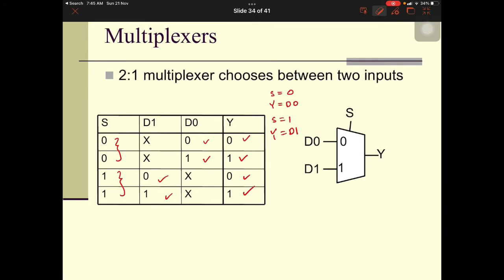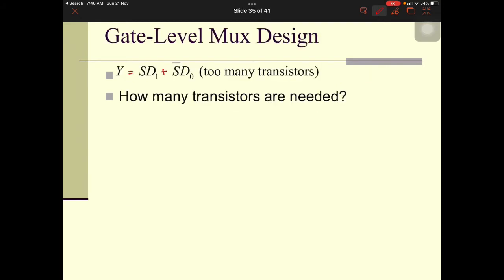So when you write the equation over here, Y equals D0 multiplied by S bar, plus D1 multiplied by S. You can put this equation here.